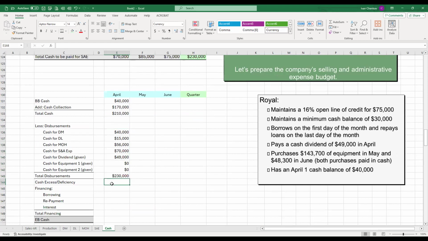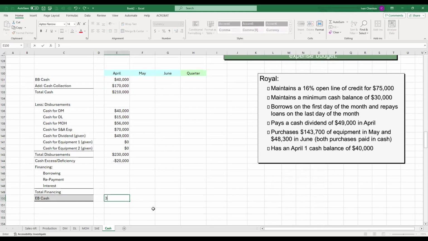At this point, we're gonna have excess or deficiency. This one minus that one. We're gonna have $20,000 we are short in cash. But the company wants us to have a $30,000 minimum balance. So our ending balance has to be equal to 30,000.